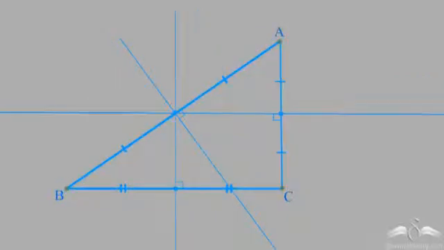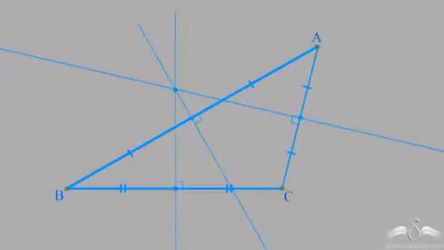Now let us look at this triangle. We see that these are the three perpendicular bisectors and they all are intersecting at one point. So this is a right triangle and I see that the circumcenter is actually coming at one of its edges. From a right triangle I make an obtuse triangle. The circumcenter actually moves outside the triangle.